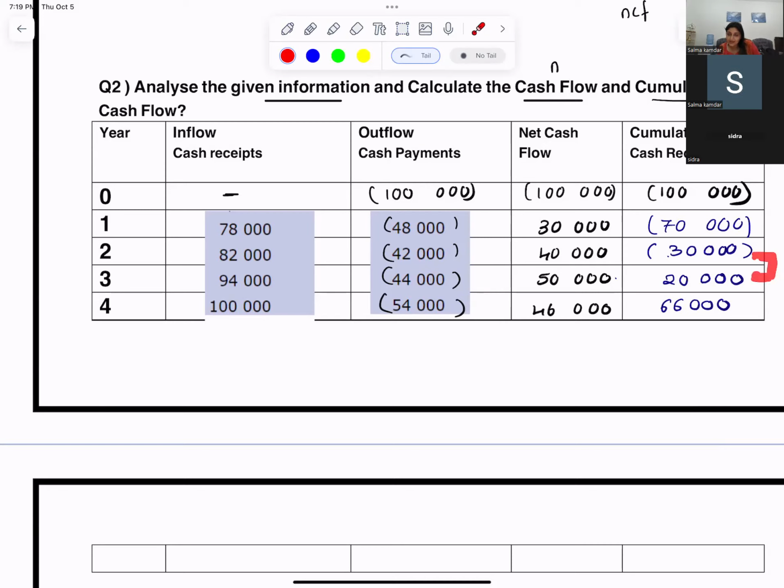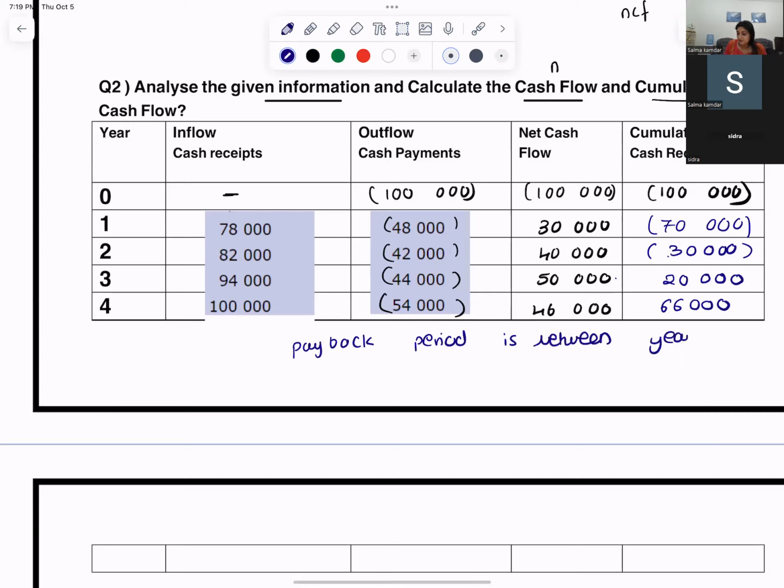Now you have to calculate the payback period. So can you say that the payback period is between year two and year three? Okay, fine.